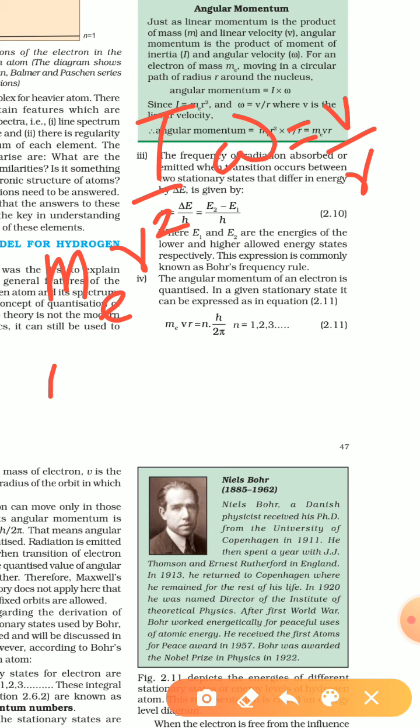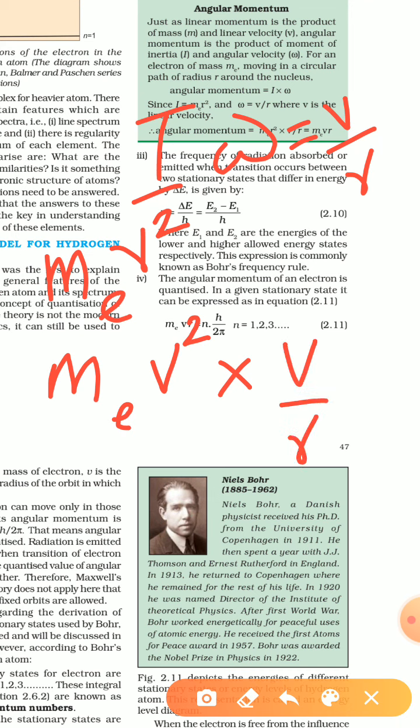So the angular momentum is the mass of electron into r square multiplied by v by r. Sorry, I made a mistake, it is r square.